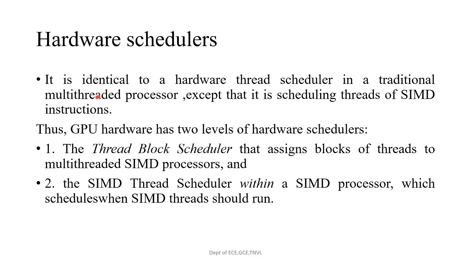It is identical to a hardware thread scheduler in a traditional multi-threaded processor, except that it is scheduling threads of SIMD instructions. Thus, GPU hardware has two levels of hardware schedulers: the thread block scheduler that assigns blocks of threads to multi-threaded SIMD processors, and the SIMD thread scheduler within a SIMD processor, which schedules when SIMD threads should run.